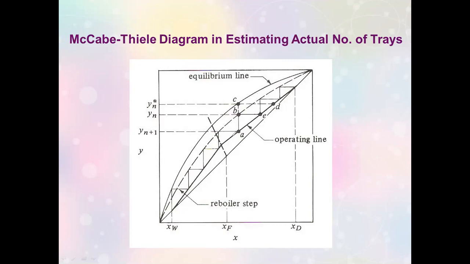So you know already how to draw the operating lines. It's a given. And this is your original equilibrium curve. You have to draw vertical straight lines randomly. So let's say you draw one straight line here. The more straight lines that you make, the better.